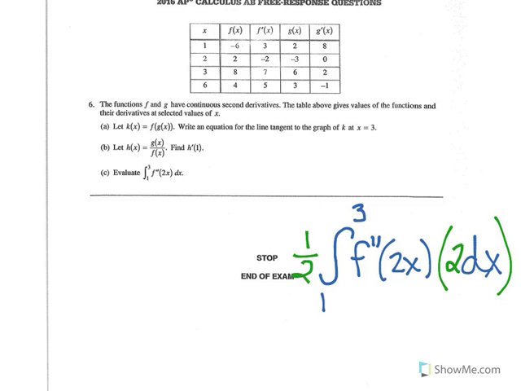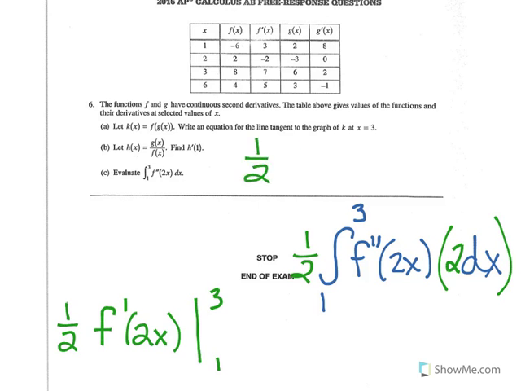Okay, do I have the derivative of the inside set to go? If it does, when I integrate, I'm just integrating the outside function. So the integral of f double prime would be f prime. So that's 1/2 f prime of 2x from 1 to 3. As a quick check, I could take this original statement right here, which is 1/2 f prime of 2x.